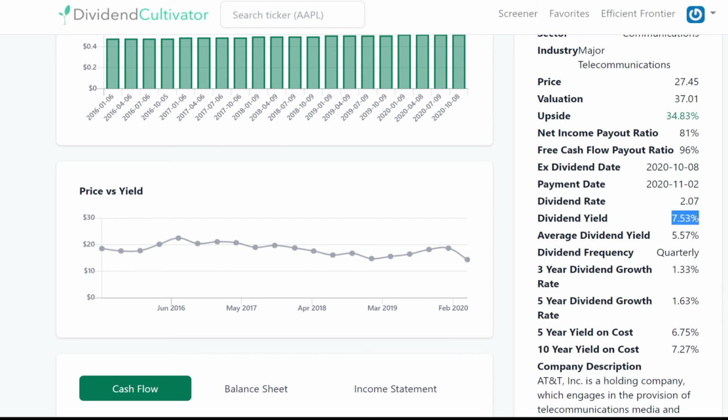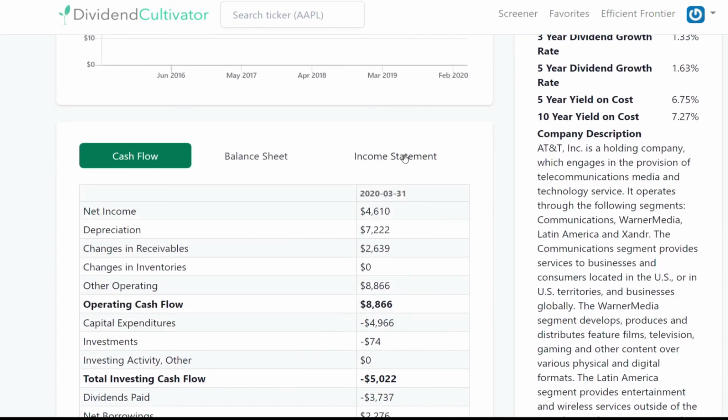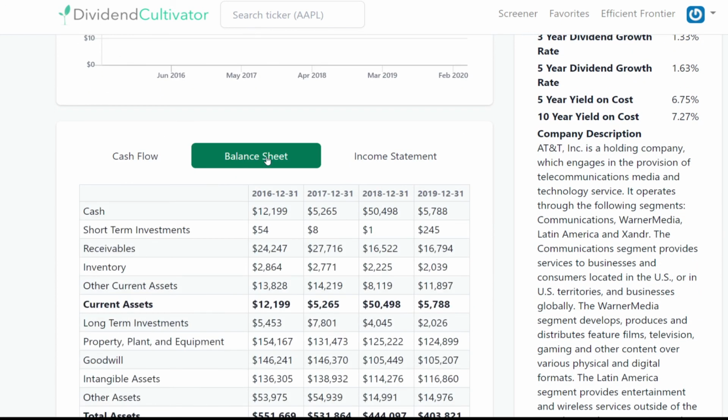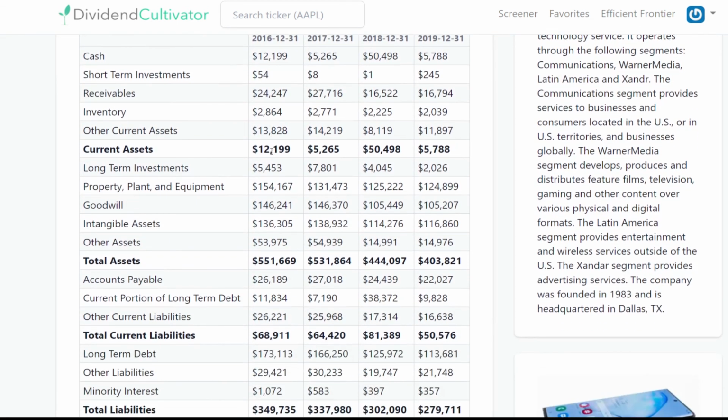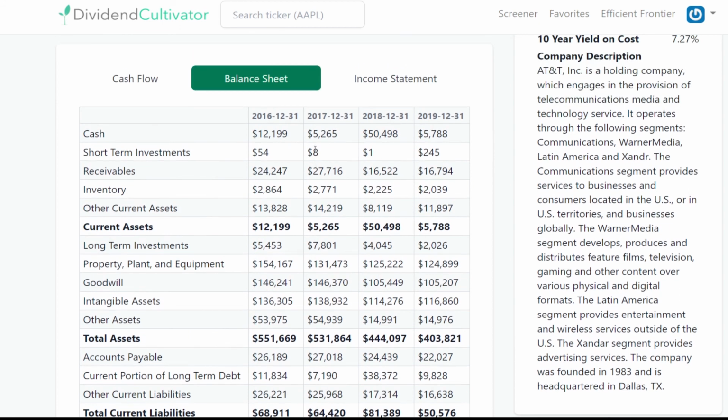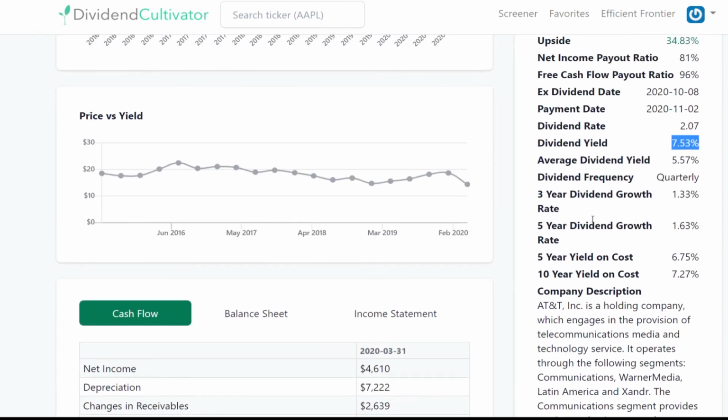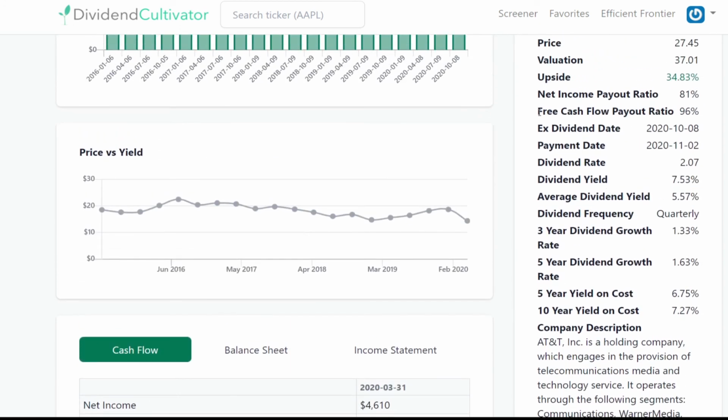But you are getting a pretty high yield with AT&T. They do have a big amount of debt, but I've heard that they're trying to pay that off. But their cash flow, I mean, is still in a pretty good spot and shouldn't be a concern as far as cutting their dividend anytime soon.